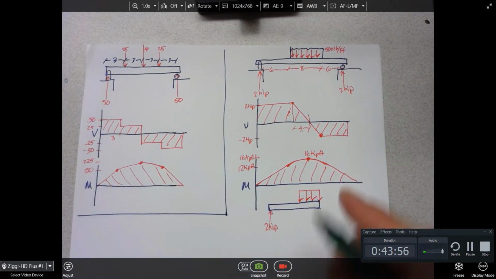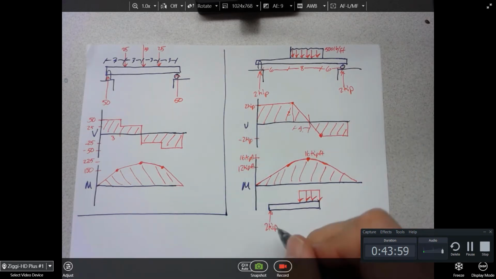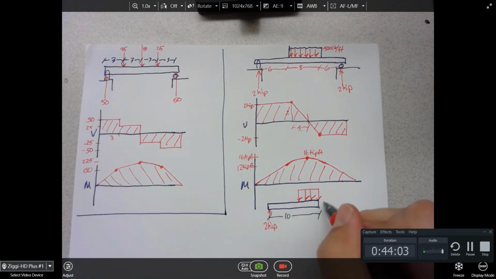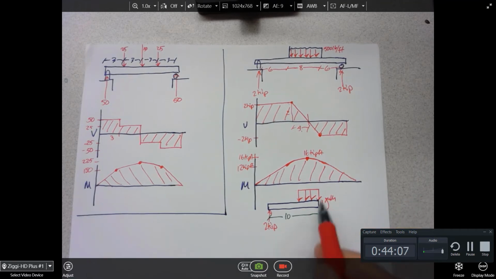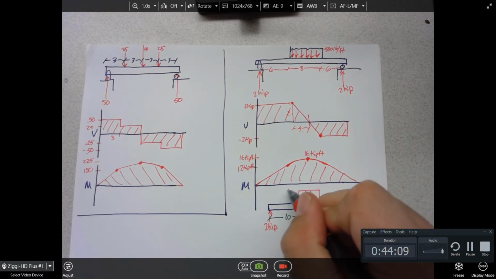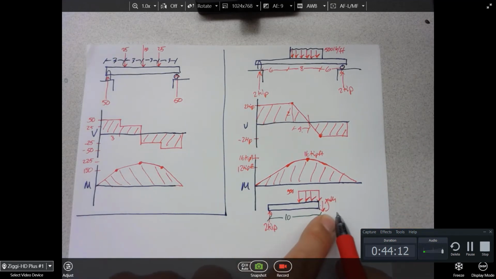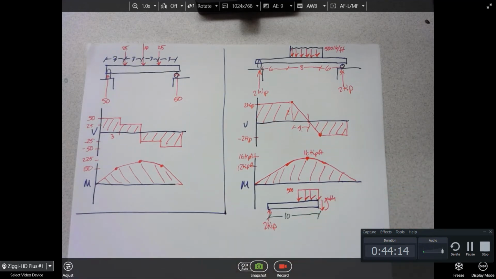We decided this occurs at 10 feet. So then we're just trying to find the bending moment, and I know this is 500. So I could just solve for the bending moment right here, and it would give me 16 kip feet.